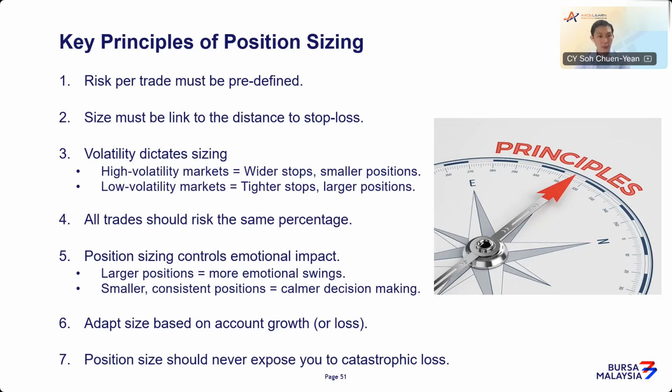All right, so these are the things that I would want to highlight to you. And lastly, number 7, I will skip a few things. Number 7, your position size should never ever expose you to any huge losses that can completely wipe you out from trading.